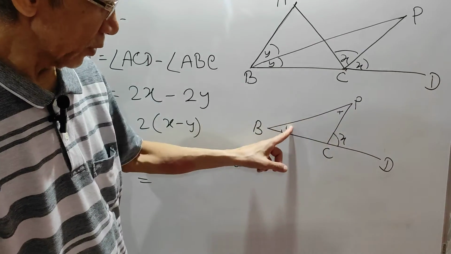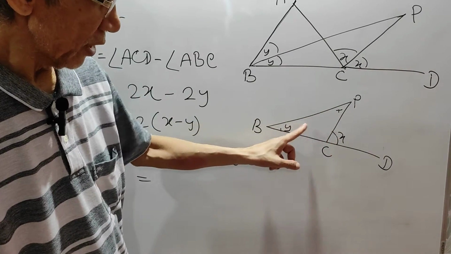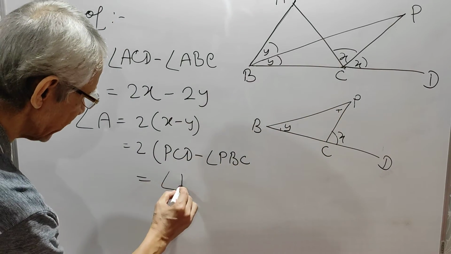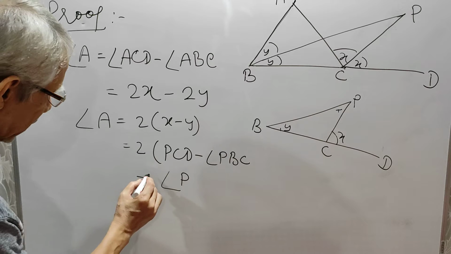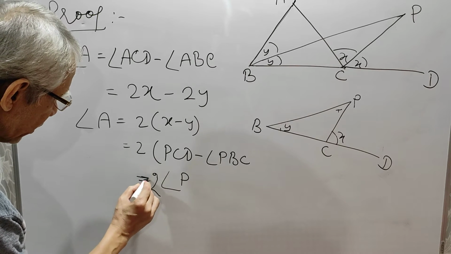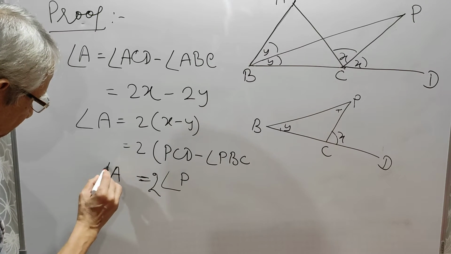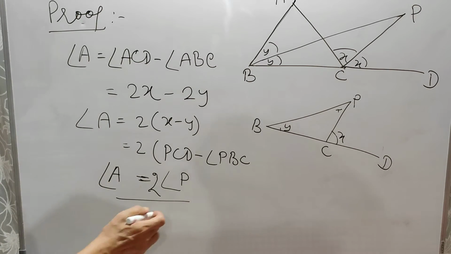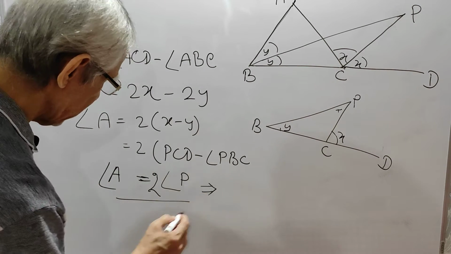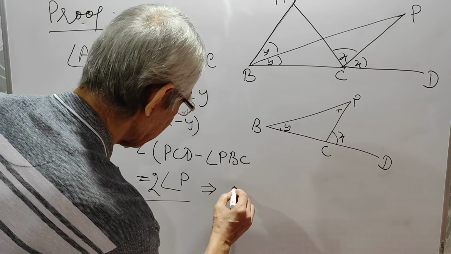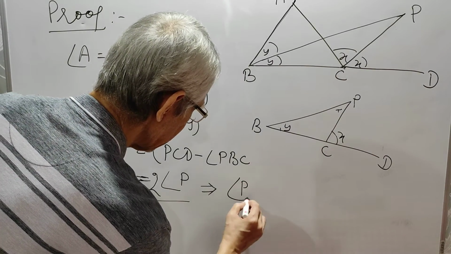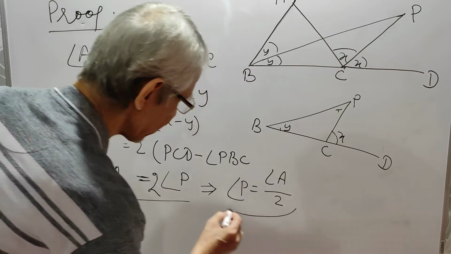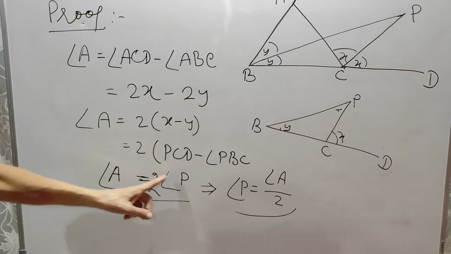This is the sum of these two, therefore this minus this will be angle P. So we have got angle A equal to twice P. Now what was to prove? P equal to half of A. So that gives P equal to A by 2. So proved.